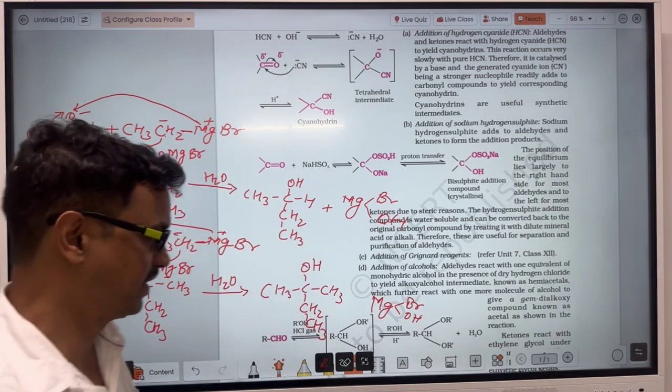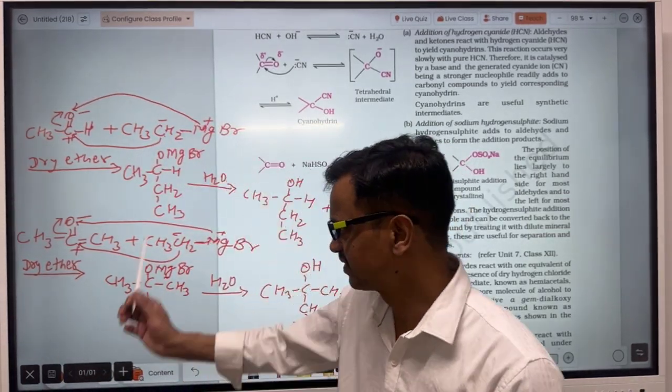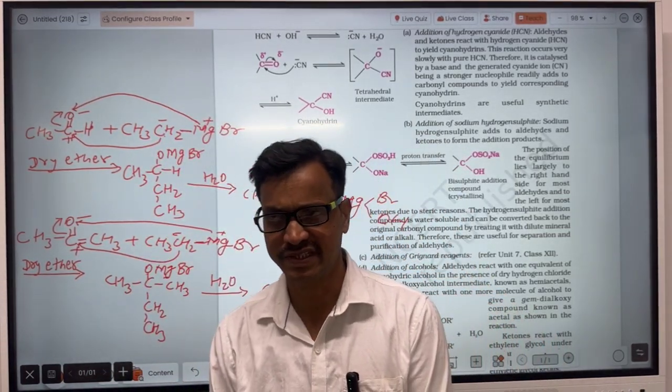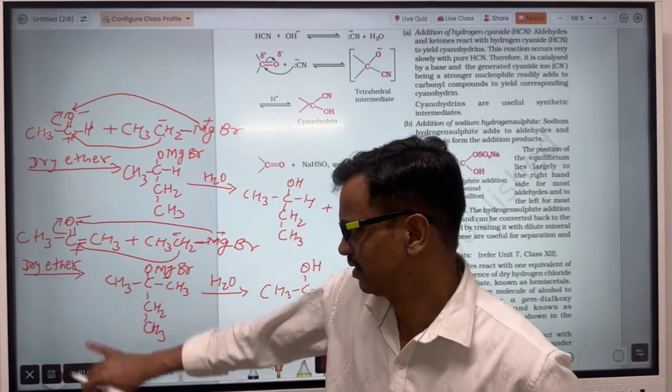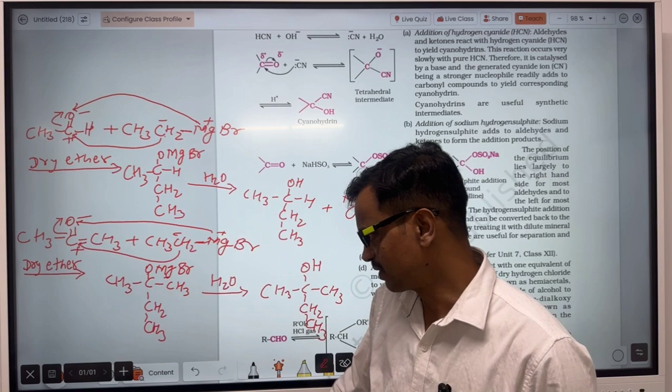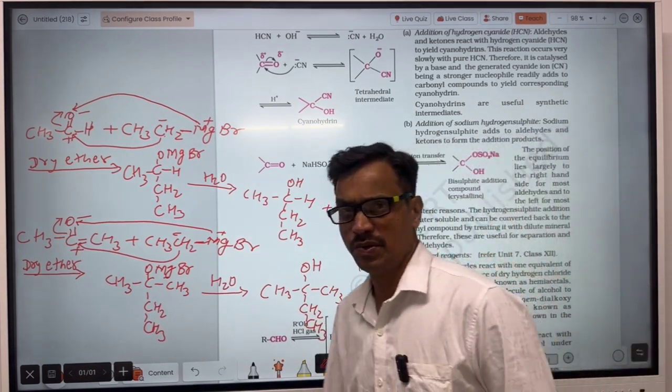So in the third case, when we treated the ethyl magnesium bromide Grignard reagent with propanone, there is formation of the 3 degree alcohol.